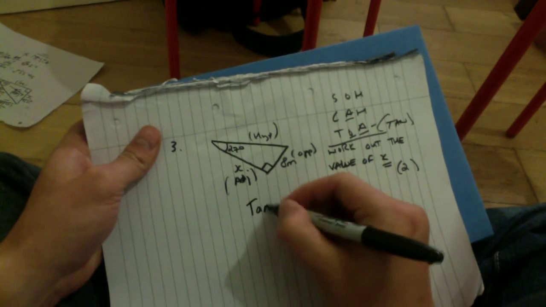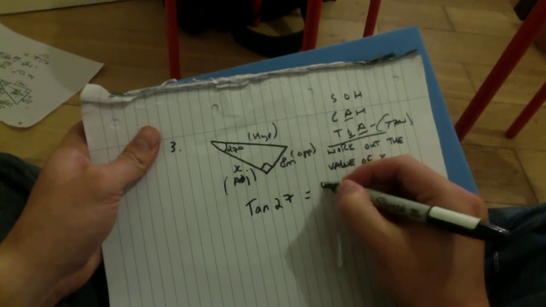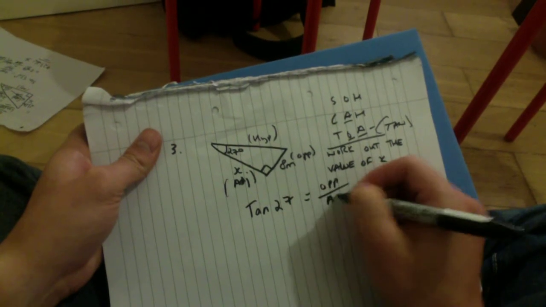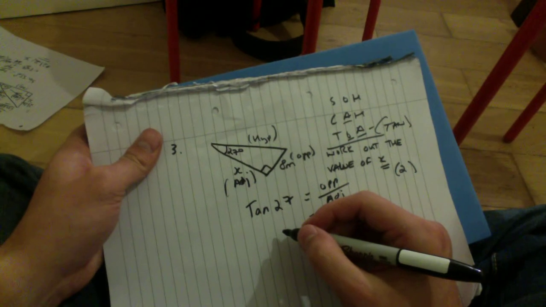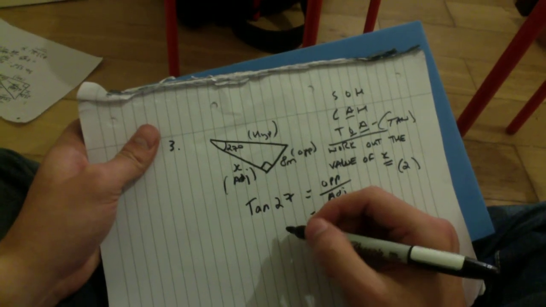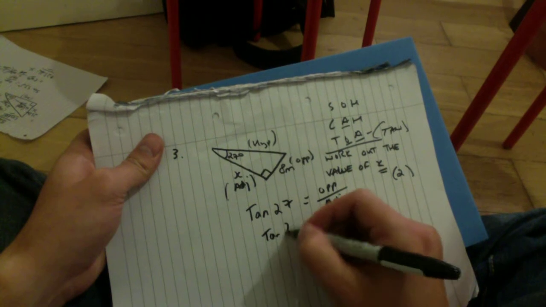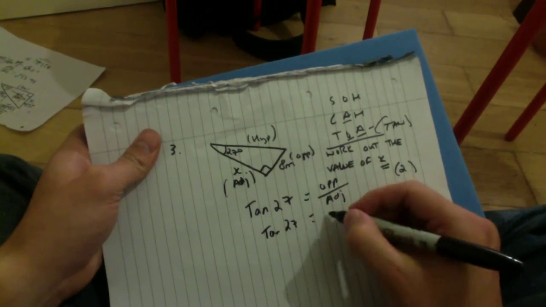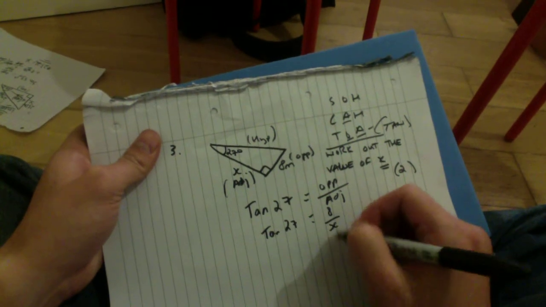Let's do this. Tan angle of 27 equals opposite over adjacent. So tan of 27, I just leave tan 27, it's alright. Tan of 27 equals opposite, which is 8 over x.